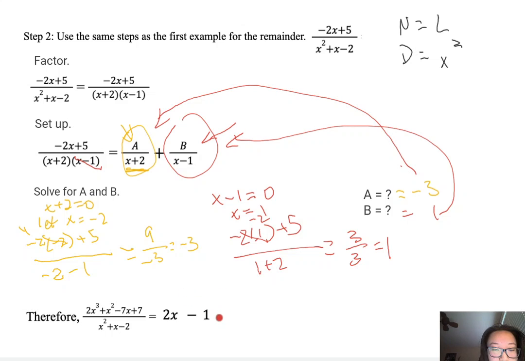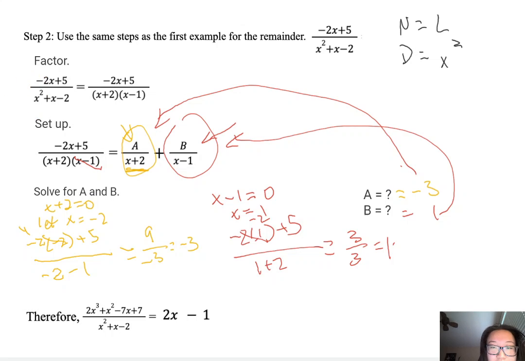So looking down here, we get that 2x cubed plus x squared minus 7x plus 7 over x squared plus x minus 2 equals 2x minus 1 minus 3, because that's the value of A. Actually, I should probably switch up the color for a little bit.